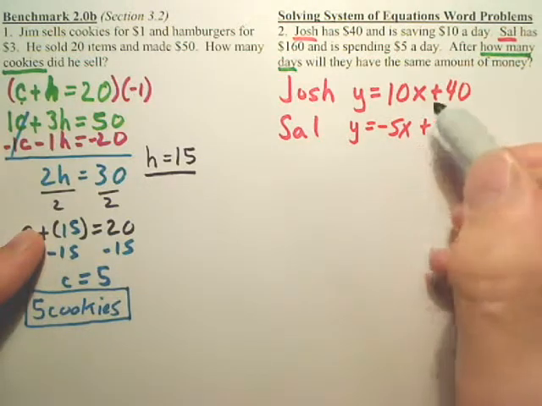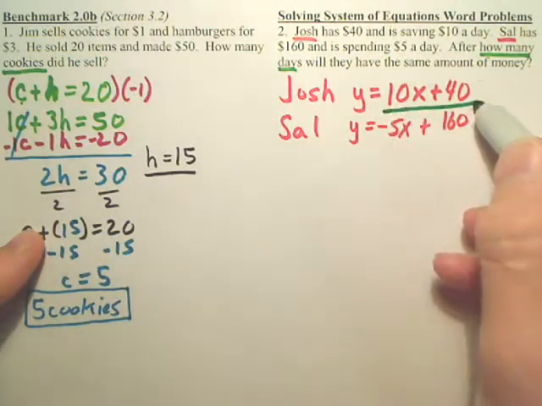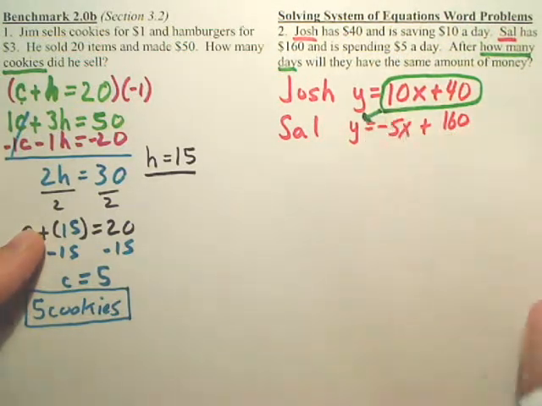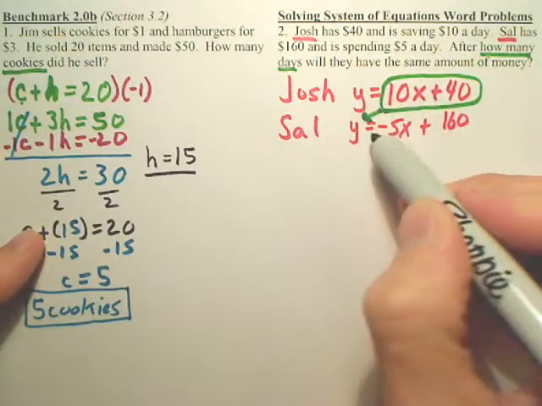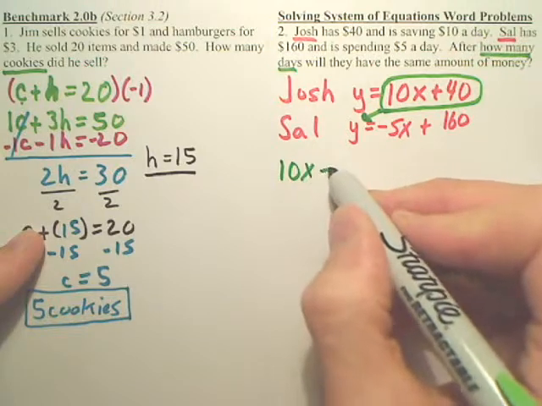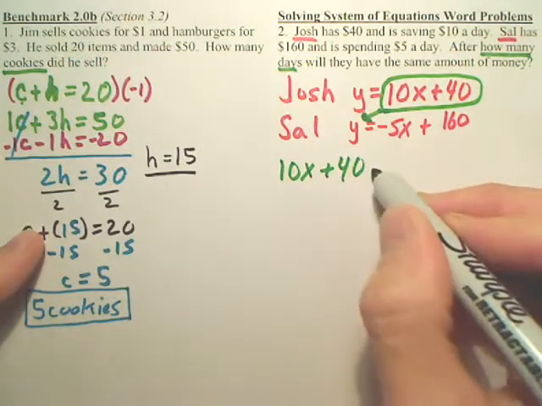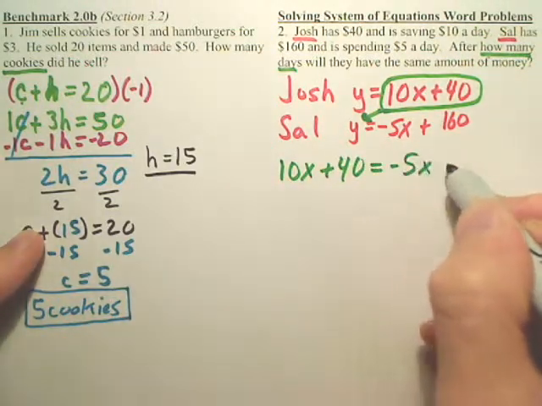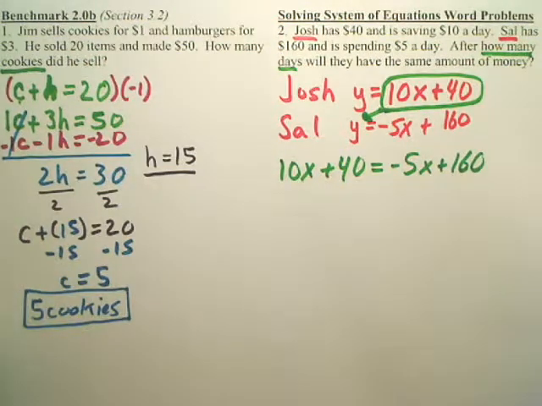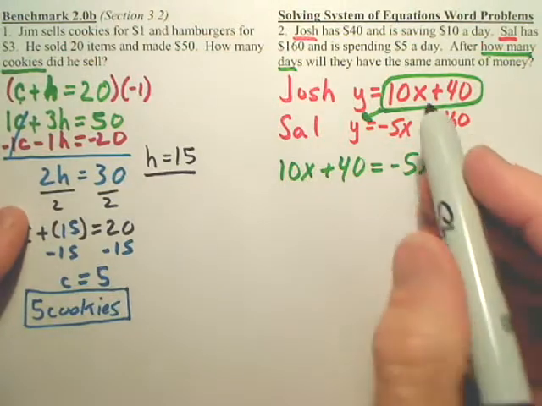Now, do you see a very good substitution problem, hopefully? You can take that and plug it right there, because Y equals this, so you can plug it in for that Y, for Sal. So you take that, plug it in.